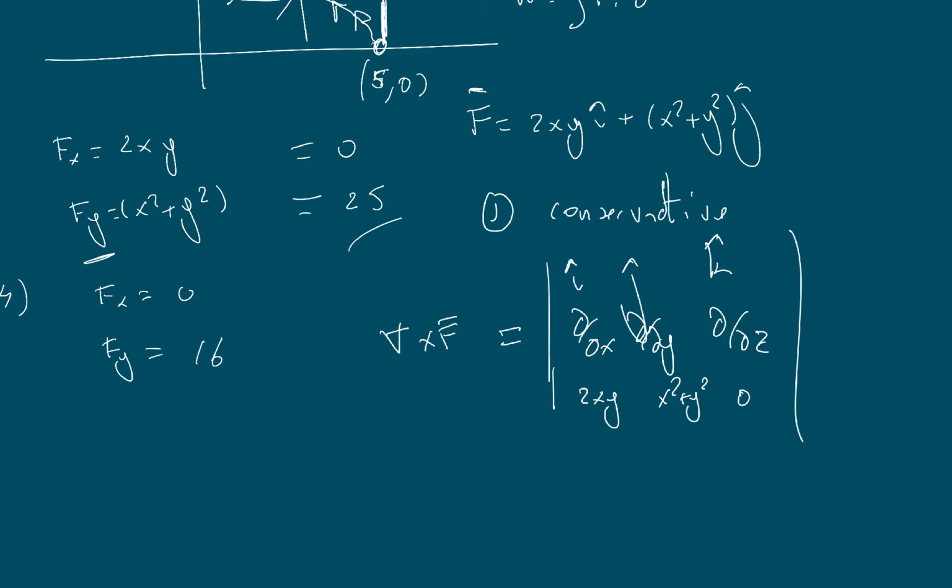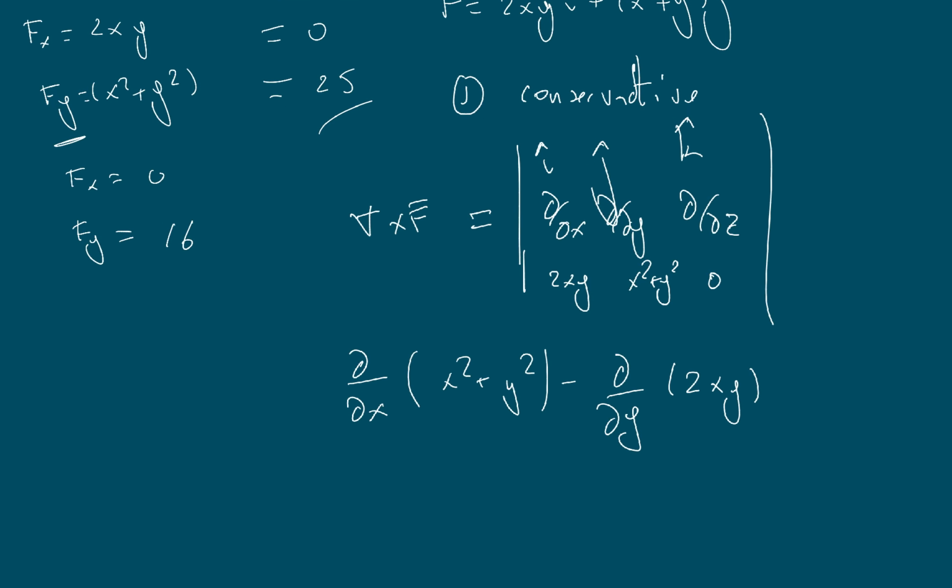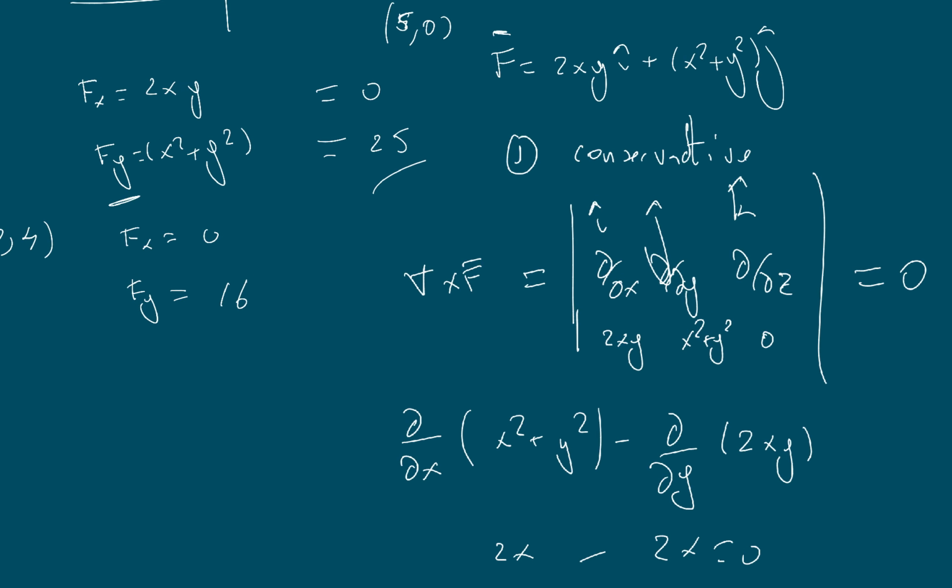And the k component will be the partial derivative with respect to x of x squared plus y squared, minus the partial derivative with respect to y of 2xy. If this is 0, we are done. The partial derivative with respect to x is 2x, minus the partial derivative with respect to y of 2xy, which is 2x, so it's 0. So the curl is 0, so the vector field is conservative.